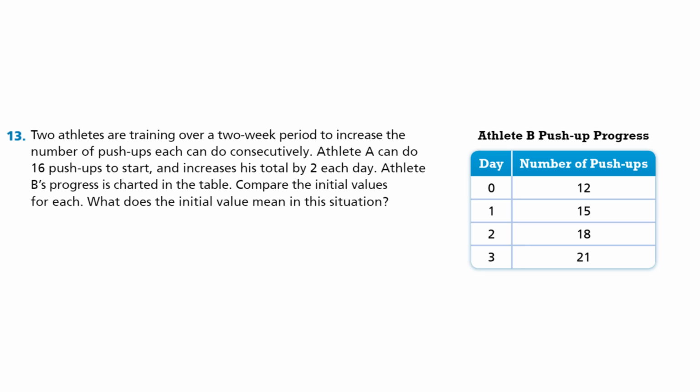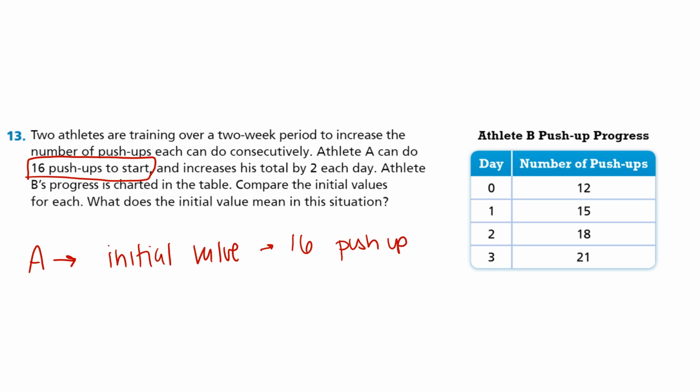So if we are looking at athlete letter A, his initial value is going to be his starting point, which is 16 push-ups. For athlete B, we're looking at the table, and our initial value is what's paired with 0, and 0 is paired up with 12.